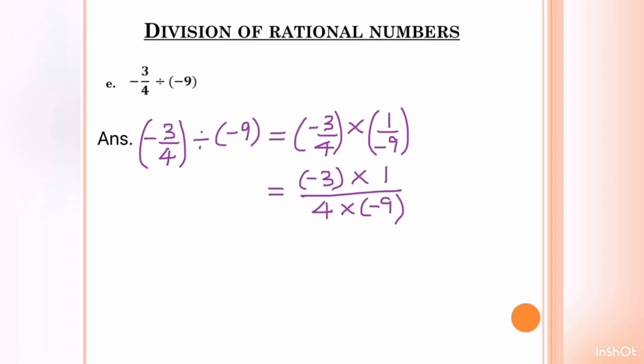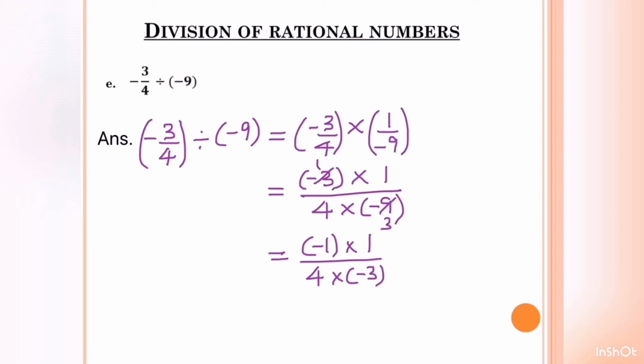Let's cancel the common factors. 3 and 9 have 3 as the common factor. 3 times 1 gives 3. 3 times 3 is 9. So this expression is equal to minus 1 times 1 in the numerator by 4 times minus 3 in the denominator.